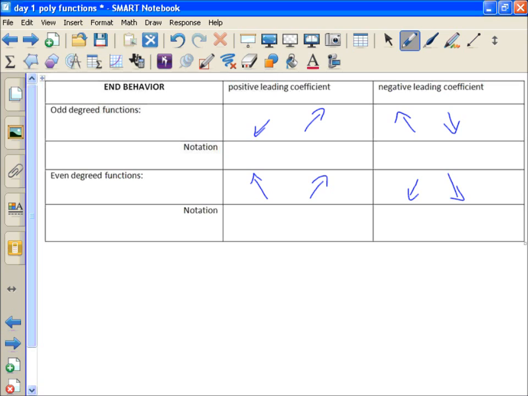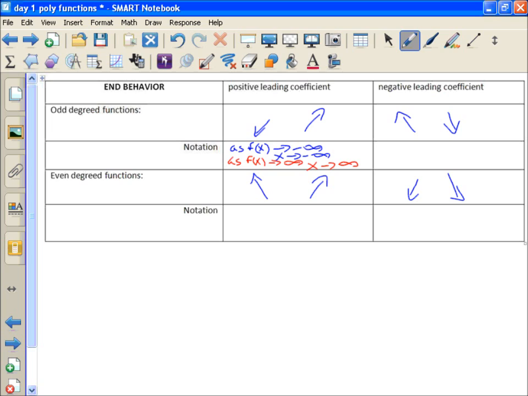Now the correct notation is: as f of x, which is the graph, goes down to negative infinity, x approaches negative infinity. And as f of x approaches positive infinity, x approaches infinity.